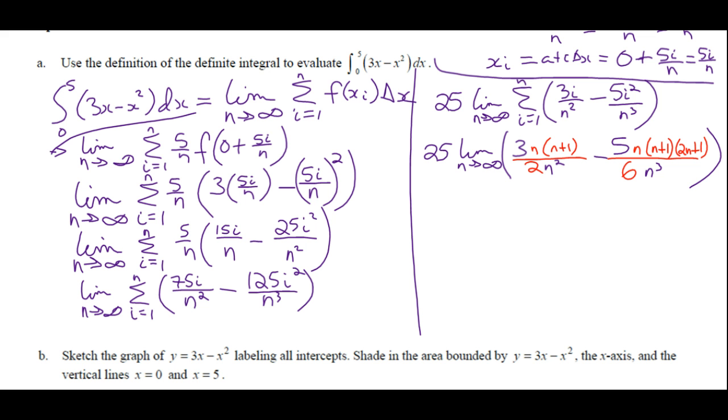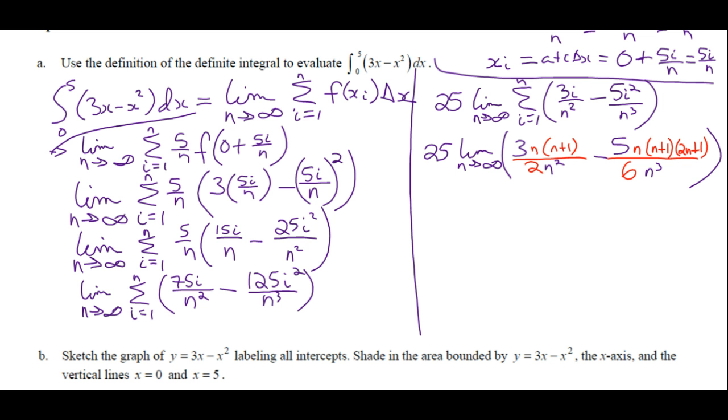And continuing on, we now are going to simplify. So from the 3i over n squared to the next step, that's in the formula sheet. You can figure that out too. So what you see here, n plus 1 over 2, that's on the formula sheet. Since you're doing a sum, we're removing the summation.